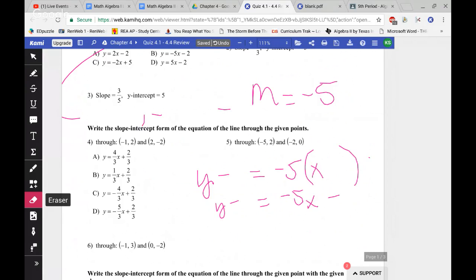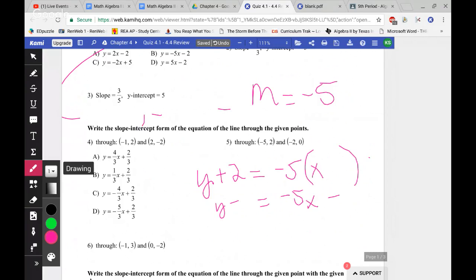Okay, so I'm going to plug in now Campbell's numbers. So that's going to be a +2 because it's a minus minus. And then x minus 0, which that's going to be -5x. And then that's going to be 0, because if I distribute to both sides.